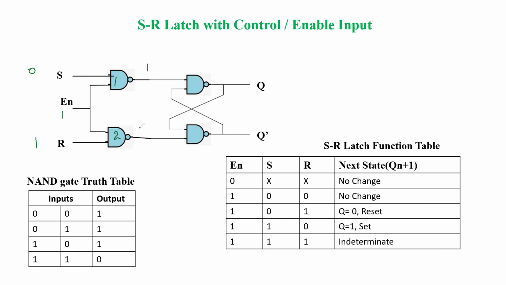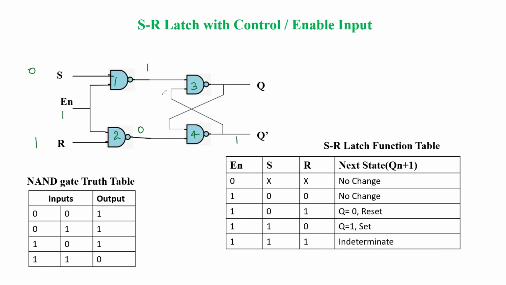So the output is 0. Now in this case, NAND gate 3 has input 1, and NAND gate 4 has input 0. One input is 0 here, so for that gate we can predict the output. For NAND gate 4, the output is 1.